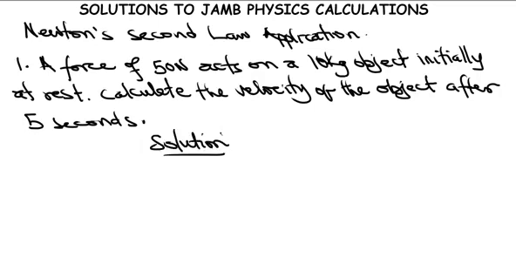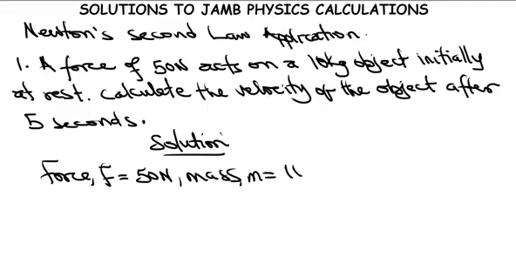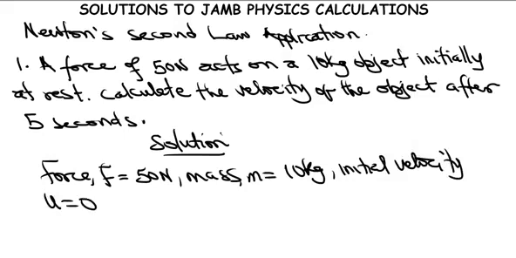Now from here we could see that a force of 50 Newton, we are given the force, which is F, and this is 50 Newton, acts on a 10 kilogram object. That's the mass. Mass M is 10 kilogram. Initially at rest. That means the initial velocity, which is U, is 0.